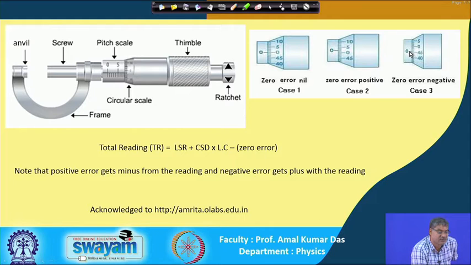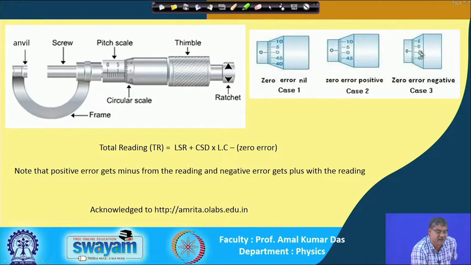So the error is 4 or 5 divisions into the least count, and that will be the zero error. It is a negative zero error, meaning minus 4 into the least count 0.001, so minus 0.005.